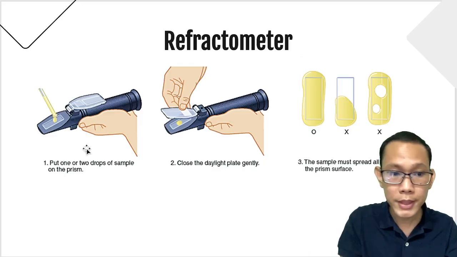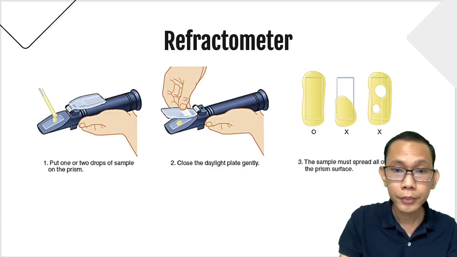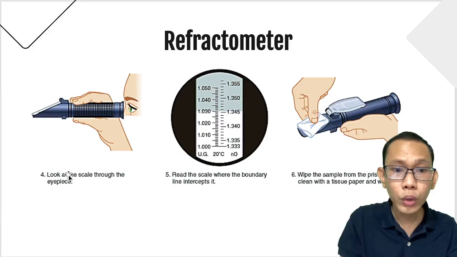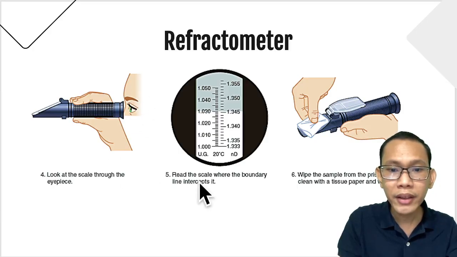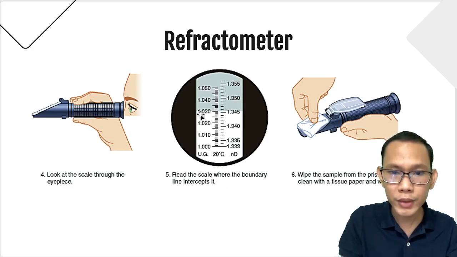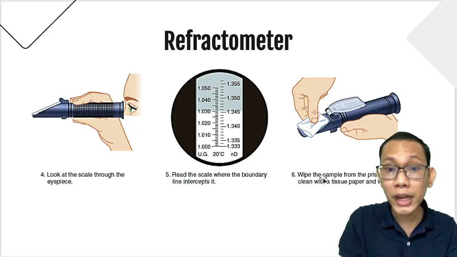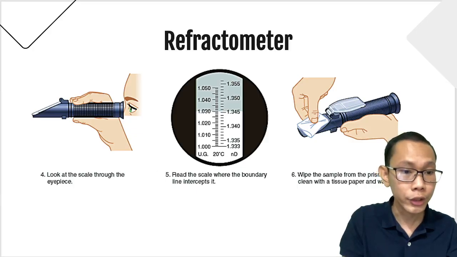Dapat entire prism. And then, look at the scale through the eyepiece. Titingnan nyo siya. And then, read the scale where the boundary line intercepts it. Saan yung boundary line? Babasahin natin yung ating specific gravity. So, as simple as that. That's your refractometer based on the refractive index. Then, wipe the sample from the prism and clean with your tissue paper and your water.